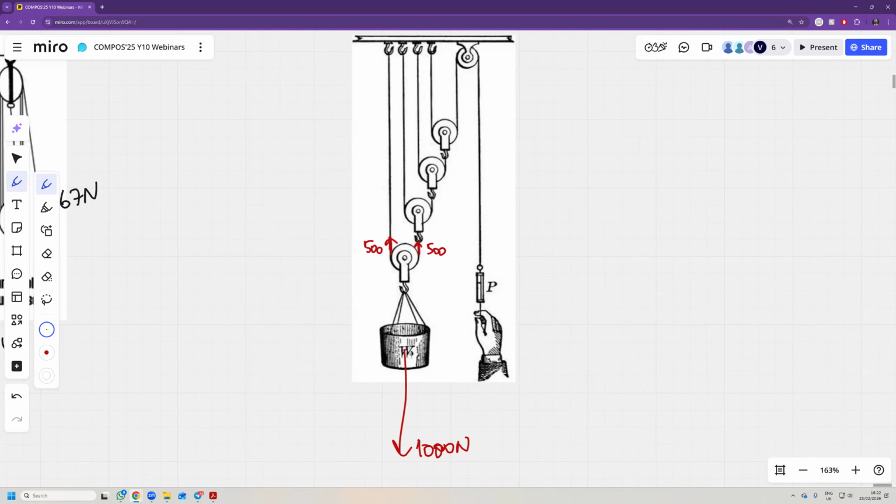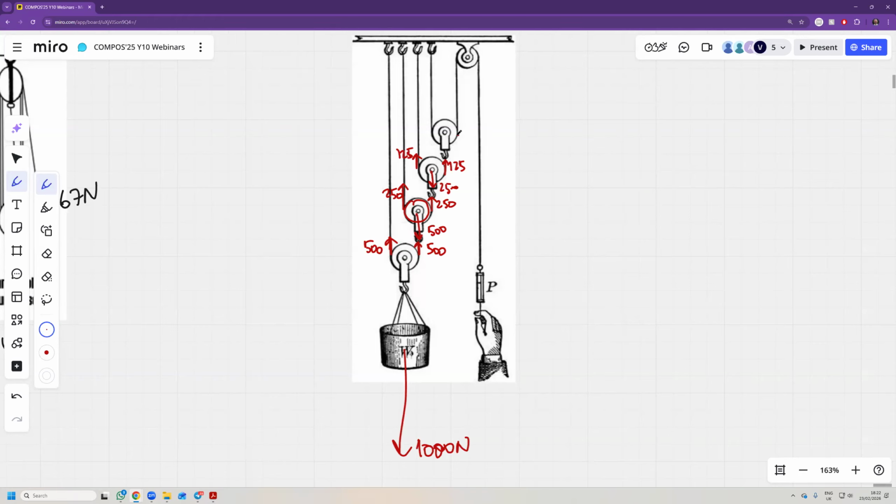500 here, 500 here. Now this pulley is being pulled up by two ropes, but being pulled down by this rope, which is 500. So this must be 250 and 250. Same again, this is 250 being pulled down by this rope and being pulled up by 125 and 125.